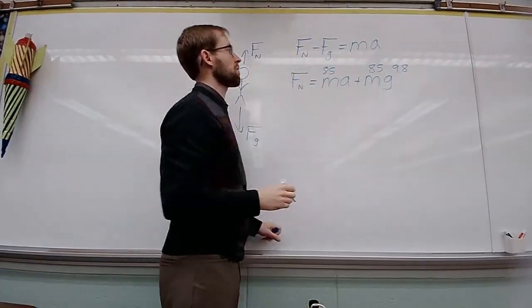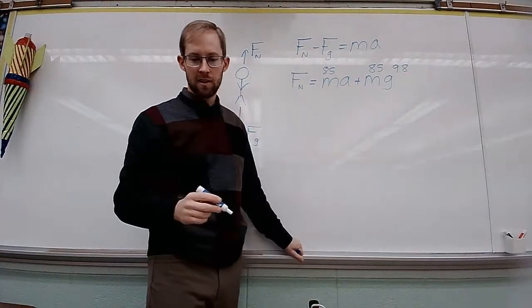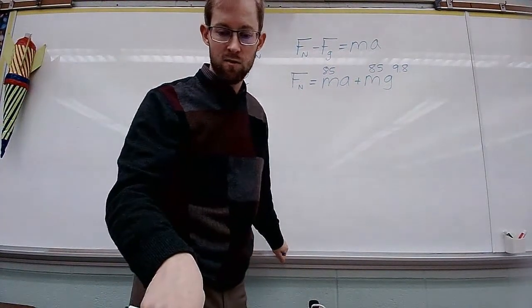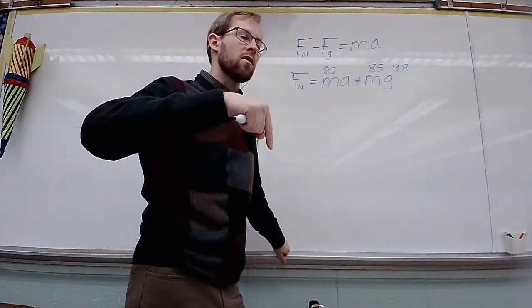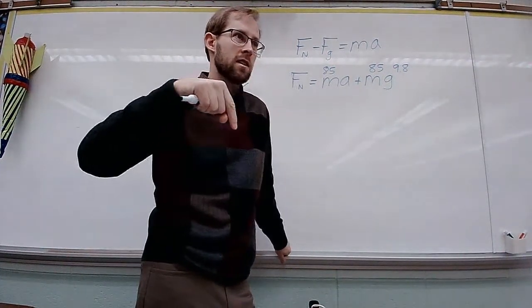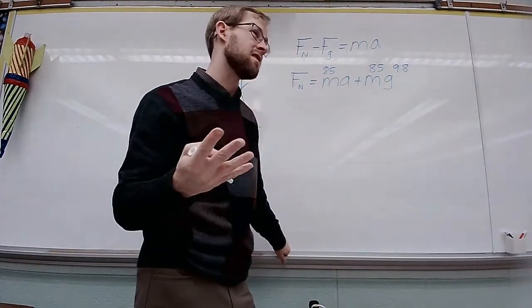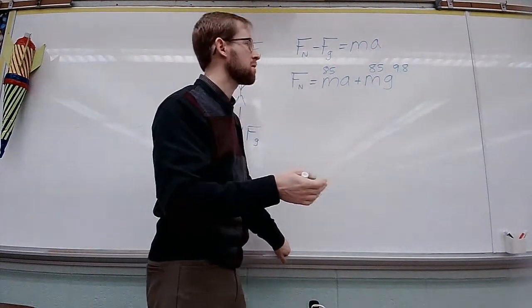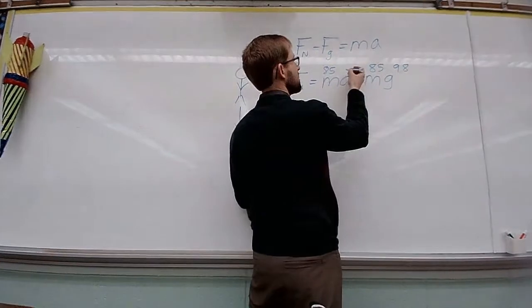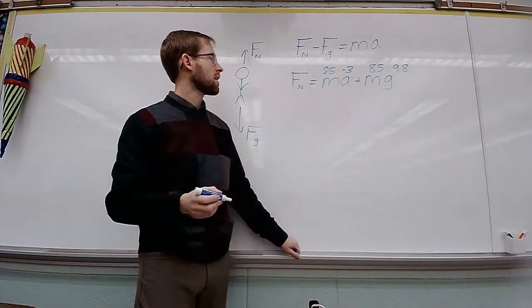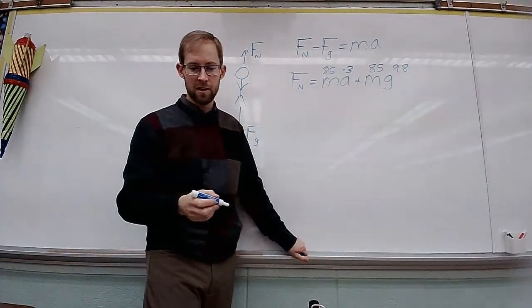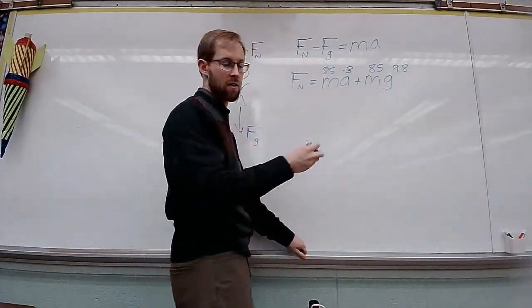But we've got a different acceleration here. The acceleration is 3, but we got to see if this is positive or negative. Because it's going down, that's a negative. Because it's picking up speed, that's a positive. Positive and a negative make a negative. So the acceleration here is going to be -3. And when we plug all those numbers in, we get 578 newtons.